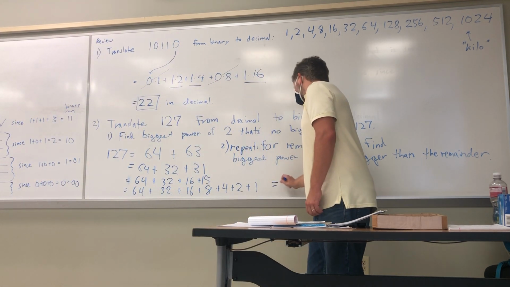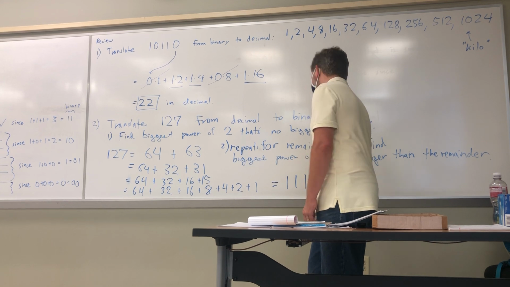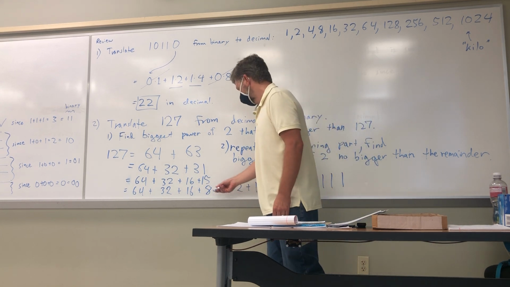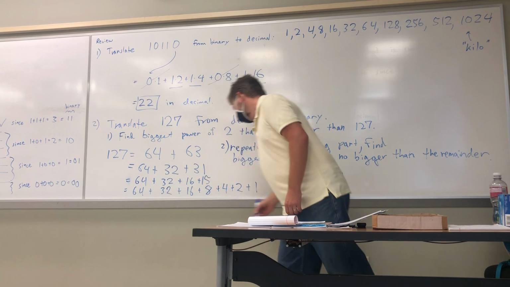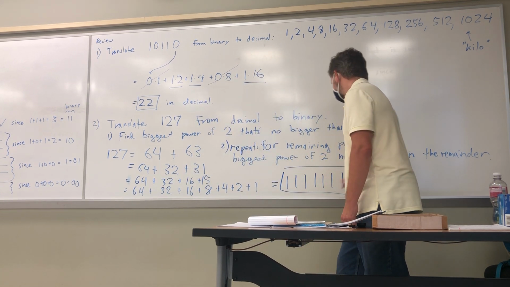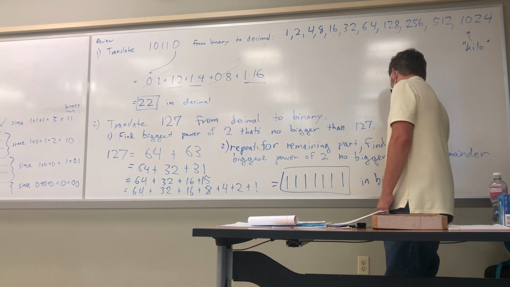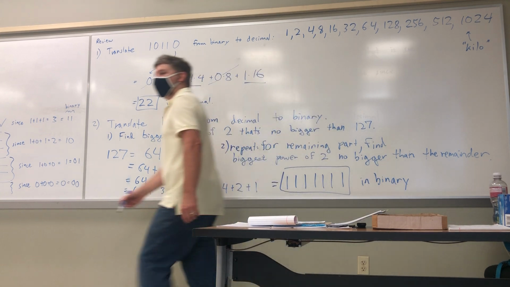So I'll put it down here, but it's 1, 1, 1, 1, 1, 1, 1, right? 1, 2, 3, 4, 7. 7 ones in a row in binary. Make sure you get 7 ones in a row there.